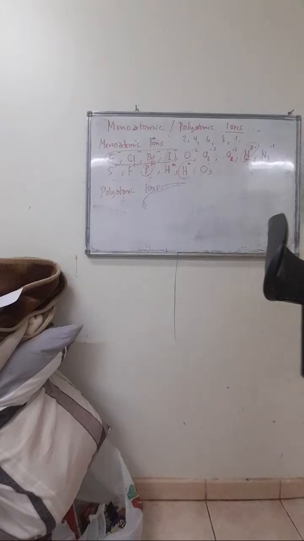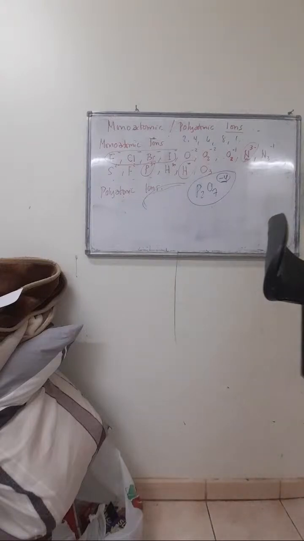Now for our phosphorus also, we have the version of the pyro. We have the pyrophosphate, P2O7 negative 4. The only difference between the pyrophosphate and the pyrosulfate is the charge, negative 4. Always bear in mind that phosphorus has a greater charge always. Okay?